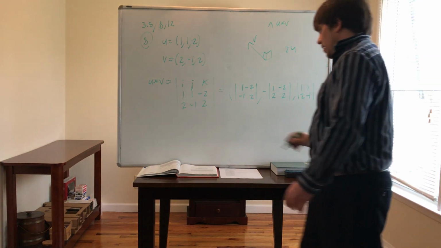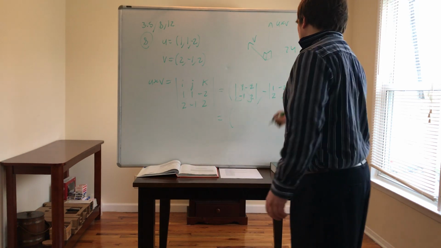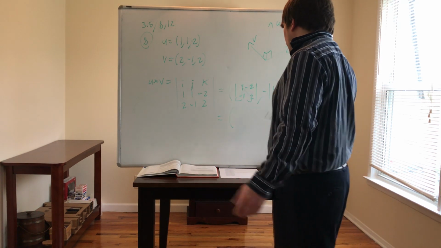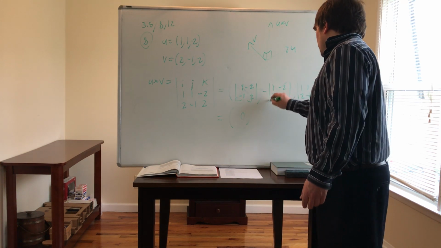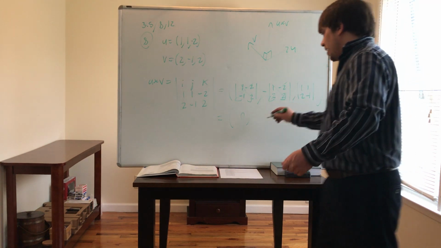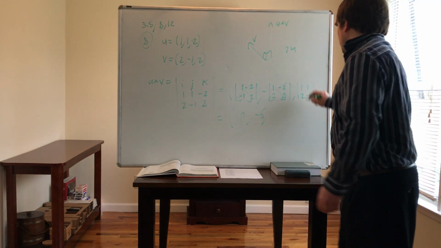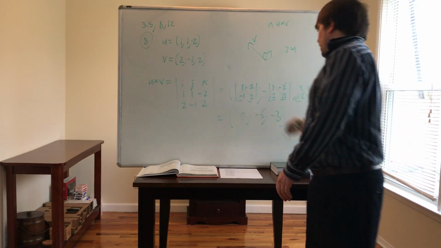Okay, so then we go there. You compute these determinants by multiplying like that. So it's 2 minus 2, which is 0, comma, 2 minus negative 4, which is 6, and then negative that, which is negative 6. And then negative 1 minus 2, which is negative 3. You get that vector.